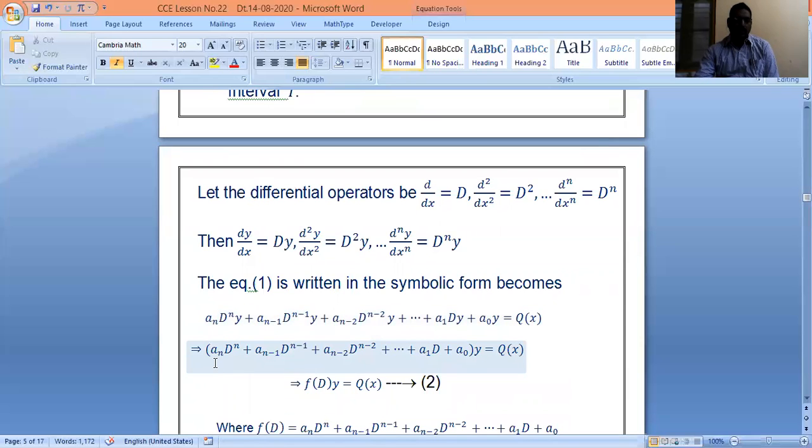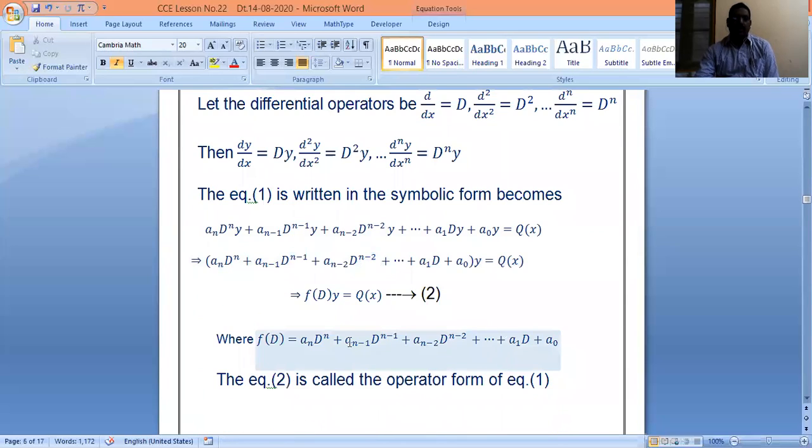That implies (a_n D^n + a_(n-1) D^(n-1) + a_(n-2) D^(n-2) up to and so on a_1 D + a_0) y = q(x). That implies f(D) y = q(x). Let this be equation 2.